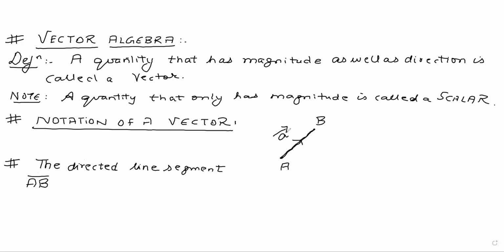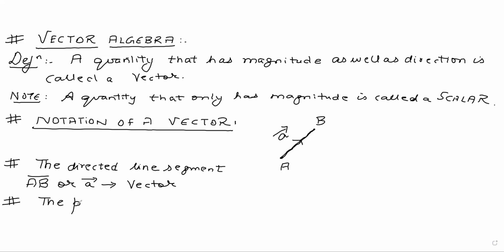So the directed line segment AB or vector A is called the vector, which has both magnitude as well as direction.